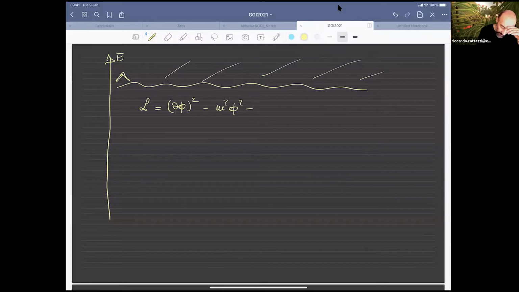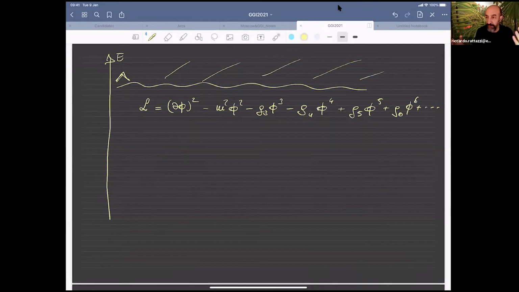We can even consider cubic coupling, quartic coupling. Don't pay much attention to the signs here, phi to the 4th. And then in these dots, I put everything, even higher dimension operators, which also involve more derivatives, more fields.